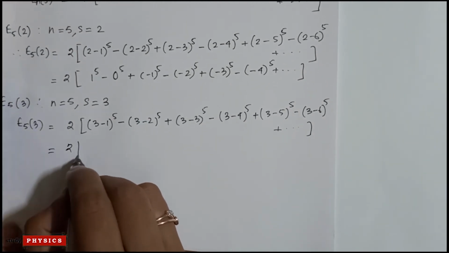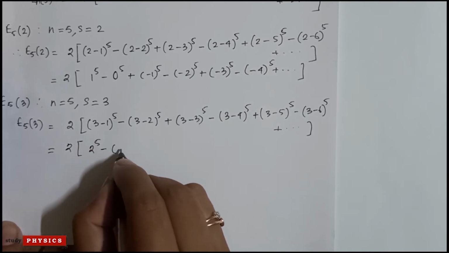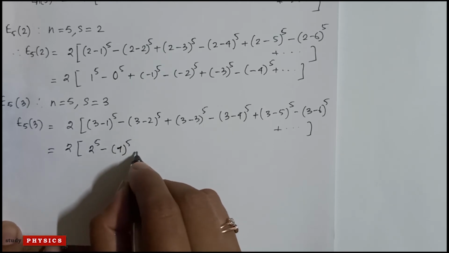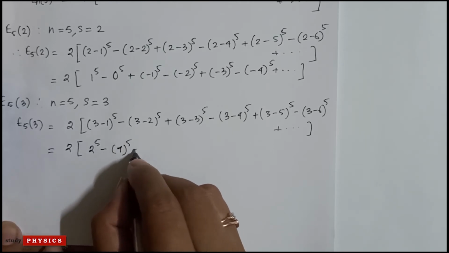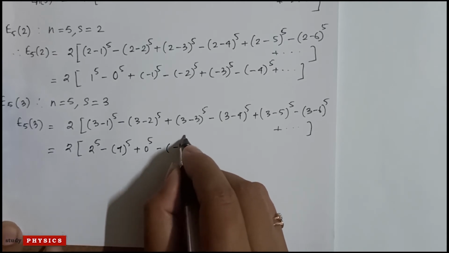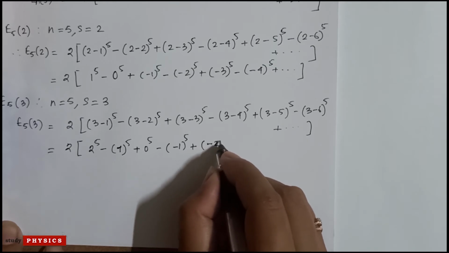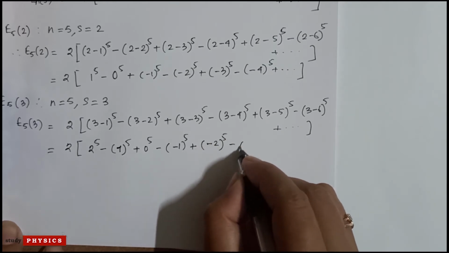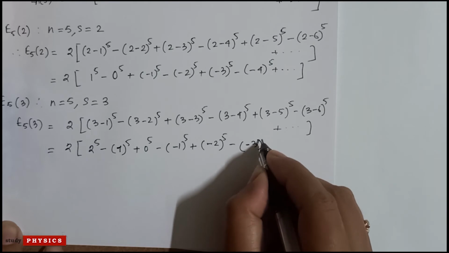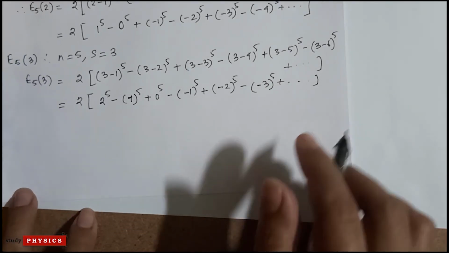So 2 into 2 to the power 5 minus 1 to the power 5 plus 0 to the power 5 minus (minus 1) to the power 5 plus (minus 2) to the power 5 minus (minus 3) to the power 5, and so on.